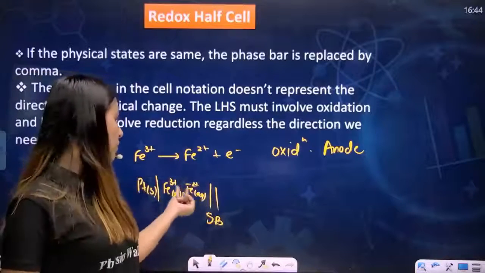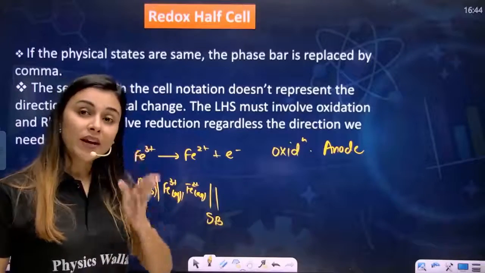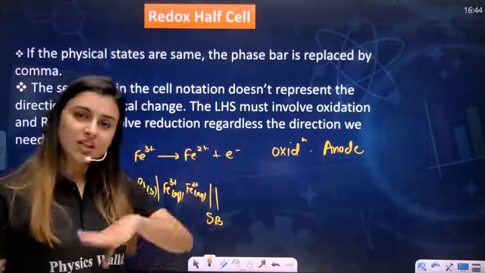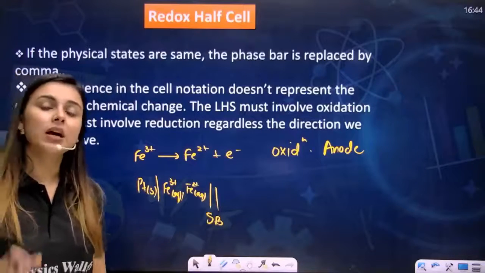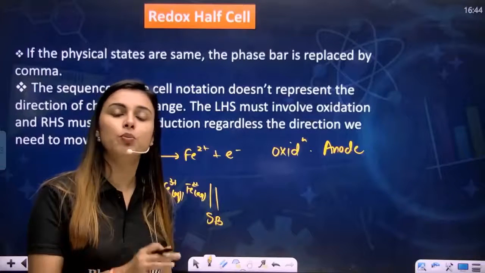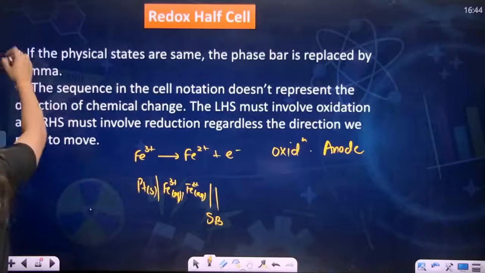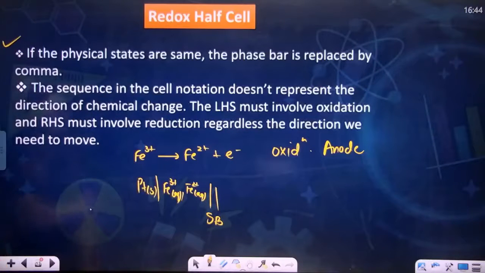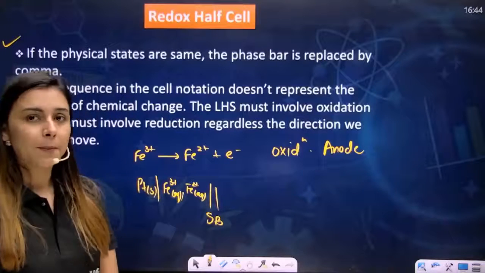Since both were aqueous, the phase is not changing, so you put a comma. When going from aqueous to solid, you are changing the phase, so you put a phase bar. The phase bar comes only when you are changing the phase. Till the phase changes, you put a comma every time. If the physical states are same, the phase bar is replaced by the comma.